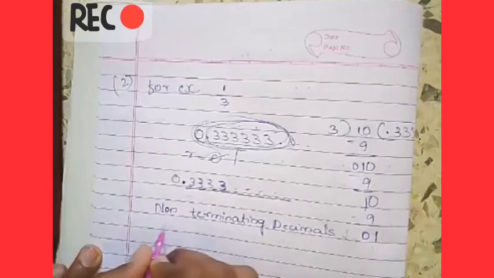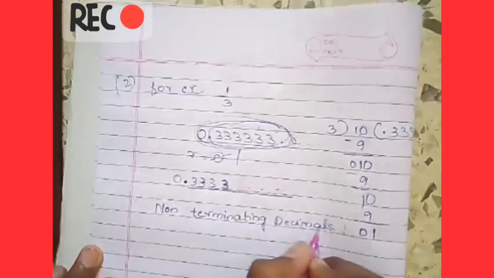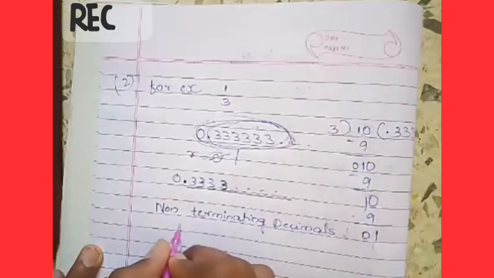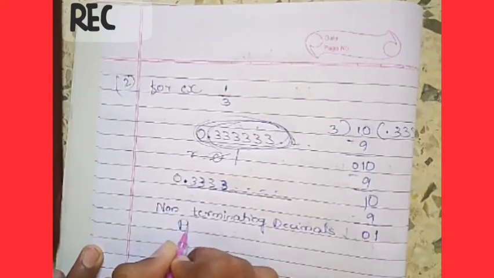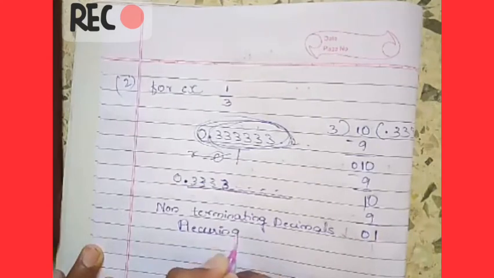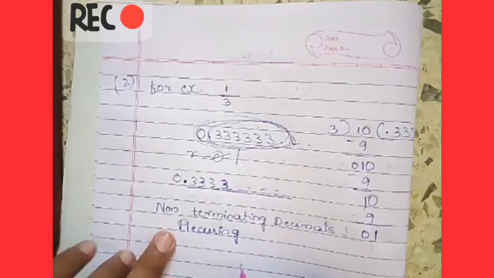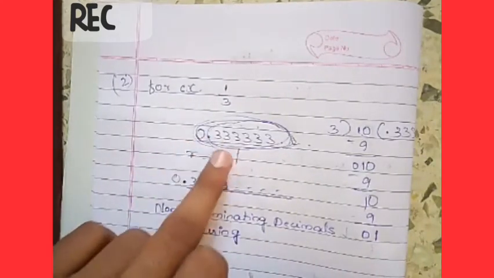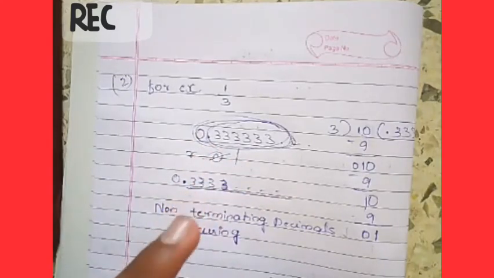So non-terminating decimal and recurring. Recurring means pattern. It is repeating itself. That is a pattern.